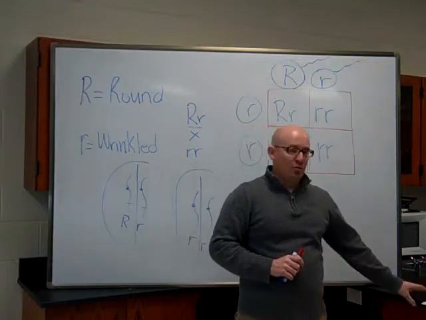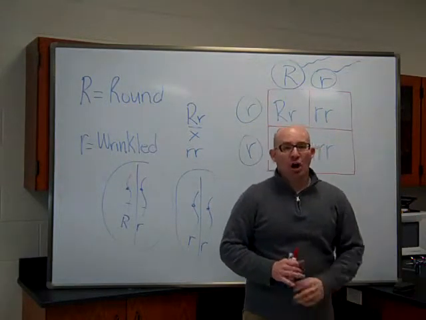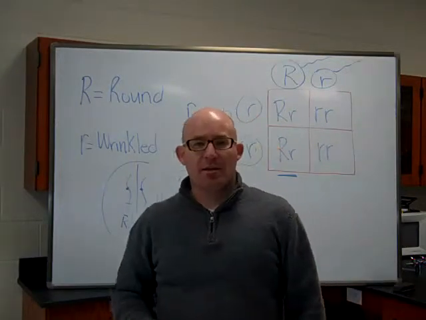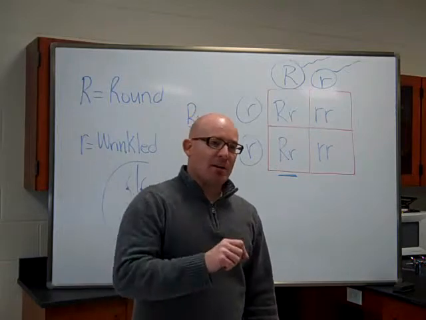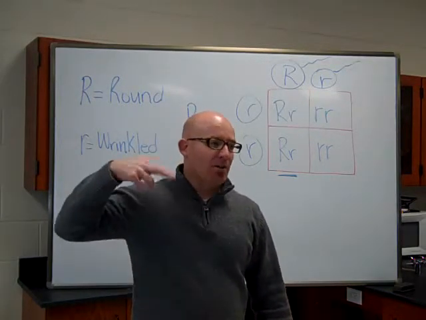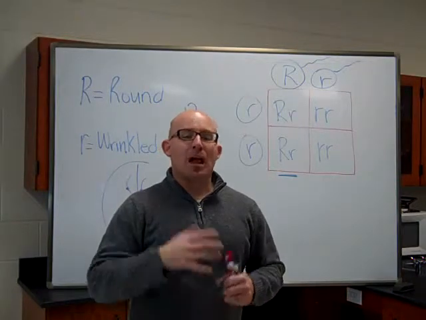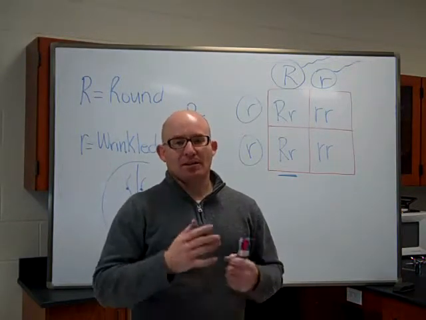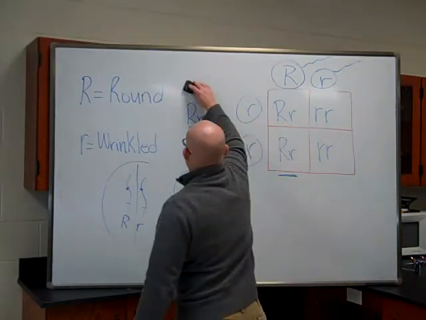All right, we can do one more. The paper gives us big R, big R crossed with little r. Okay, now at some point in your brain, the light bulb goes off and you're like, I don't have to do that cross, that's obvious, okay? But at this point, we will still do the cross.